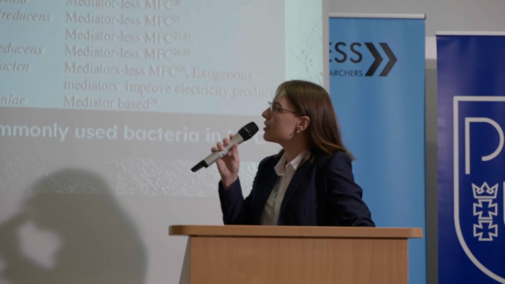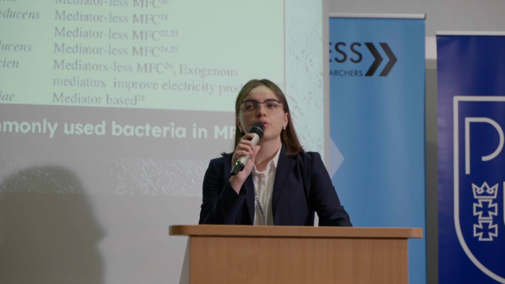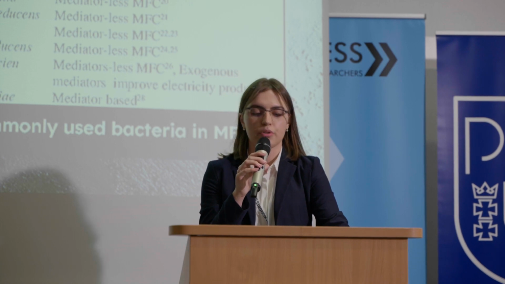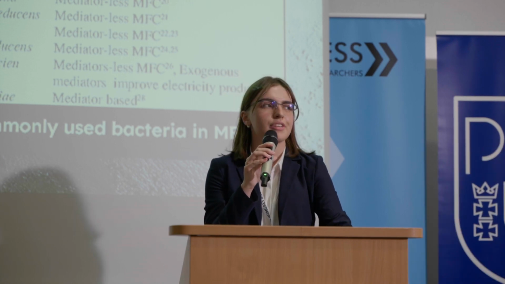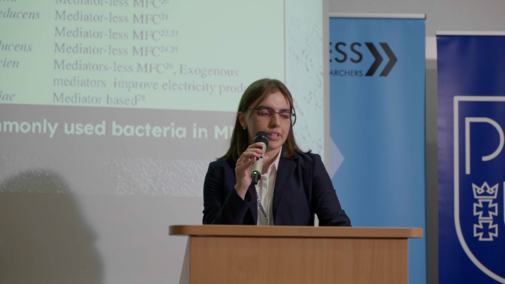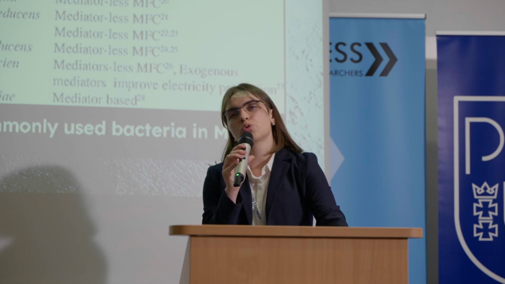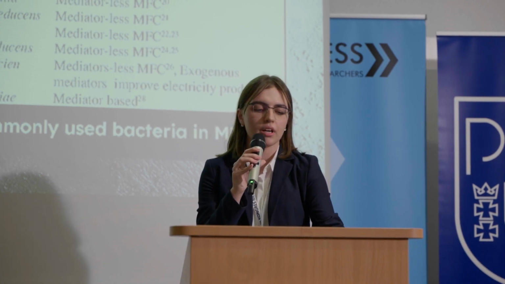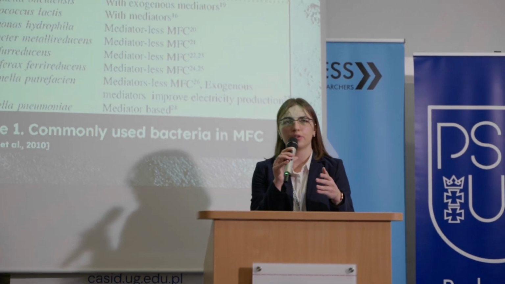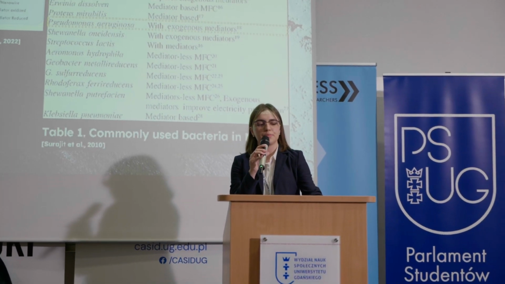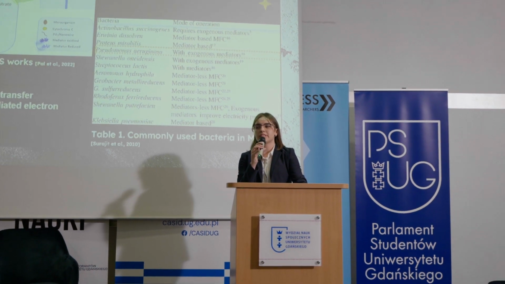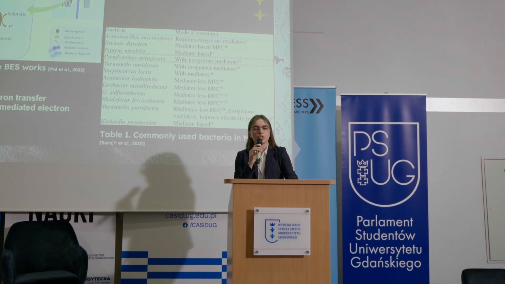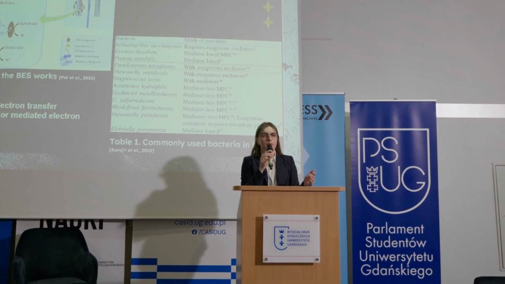So as to the process, the released electrons from these microbial redox processes are transferred from the microbes to the anode through various mechanisms of electron transfer. This electron transfer has been divided into two types. The first one is the direct one. That means that you have a chamber with an anode and cathode and your microorganism, and between them there is no mediator, so the microorganism has electroactivity, and it is the direct way between them.